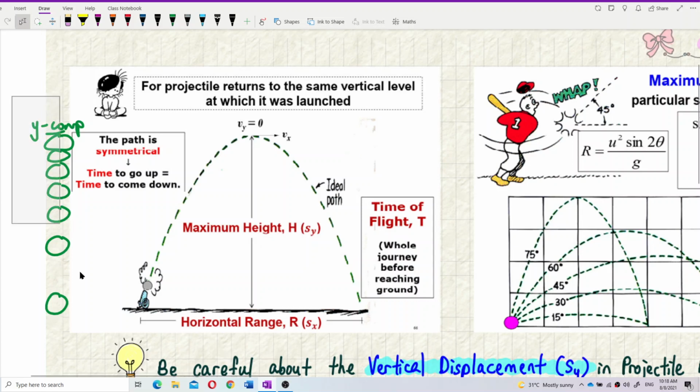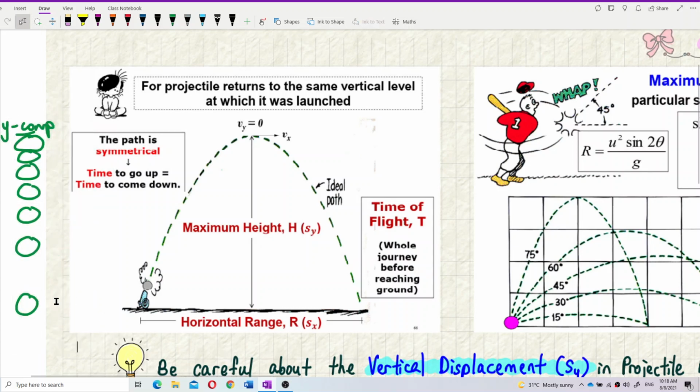I just want to draw it out over here. It is a free fall motion. When ejected, thrown up at initial velocity, until it reaches here, the final velocity, the y component velocity becomes 0, and then it comes back down.